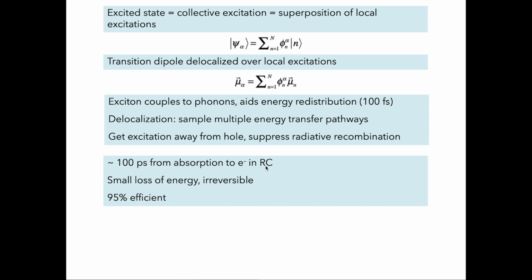And it will find its way after relocalization into the reaction complex. There's a small loss of energy along the way, but that's a small price to pay because it makes the process irreversible and therefore highly efficient in terms of the number of photons that become excited electrons transferred to the reaction complex.